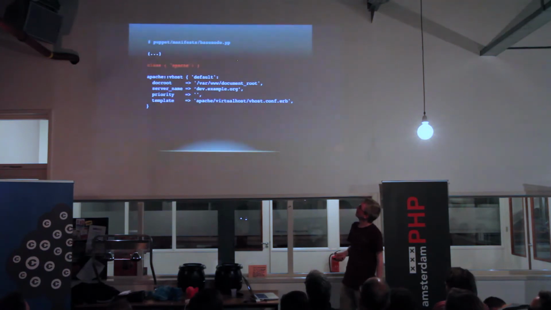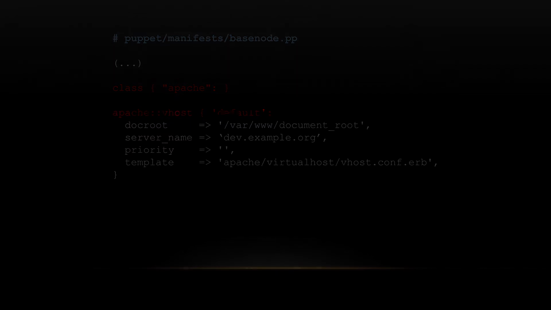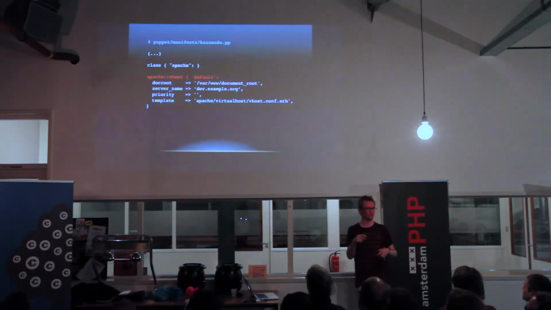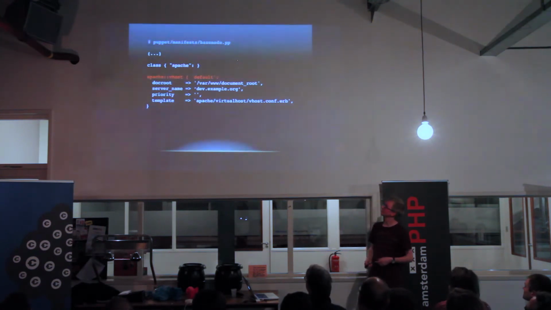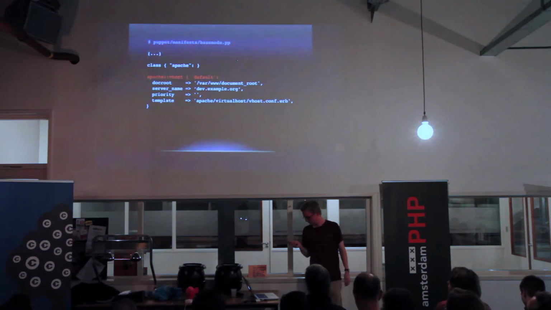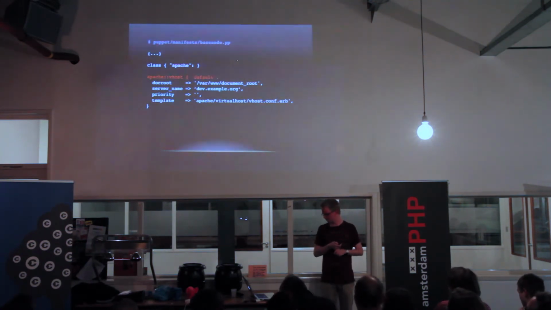And we can configure a vhost like this. We have a doc root, server name, and we use this as a template. The template is just a basic vhost file with some placeholders, so you can just do this. And there are modules for almost any kind of operation.